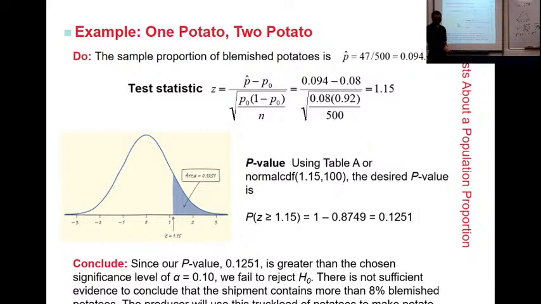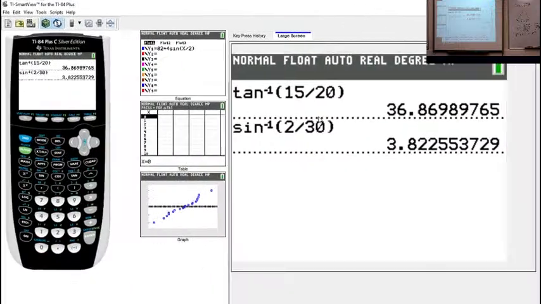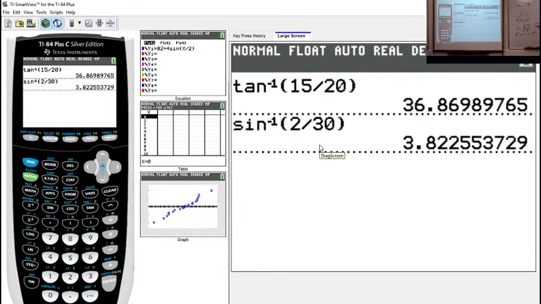Oh. Calculator time. Well, that was anticlimactic. Yay! It came up over here. Calculator time.